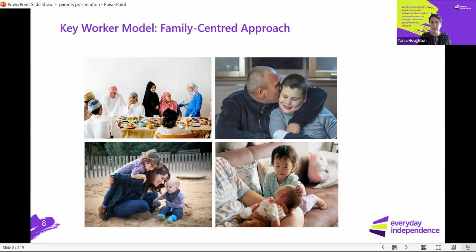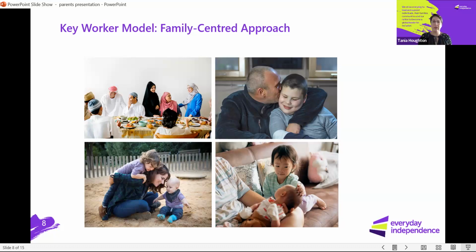It could be from a family structure and communication perspective. It could be around what the family's needs are in terms of regularity of service, how they'd like to receive information. And it could also include what the family's dreams are for the future and what the next 12 months might look like.